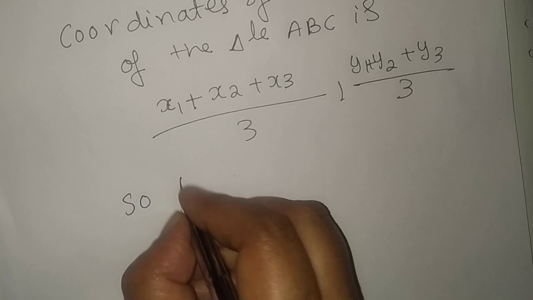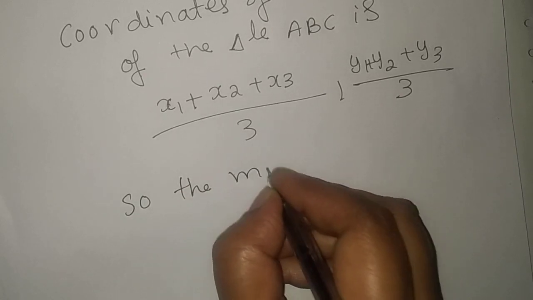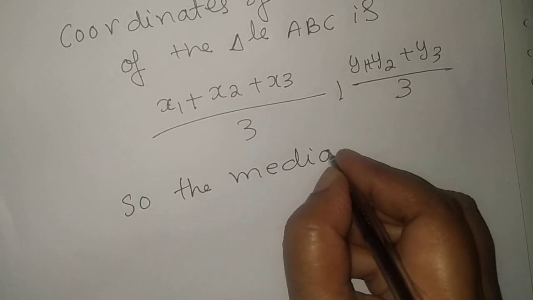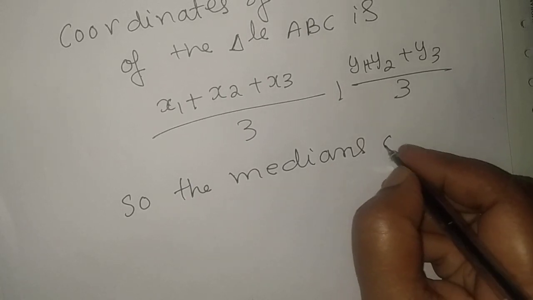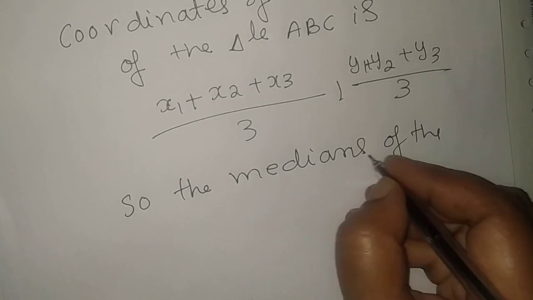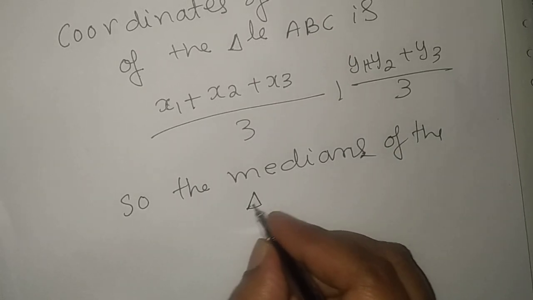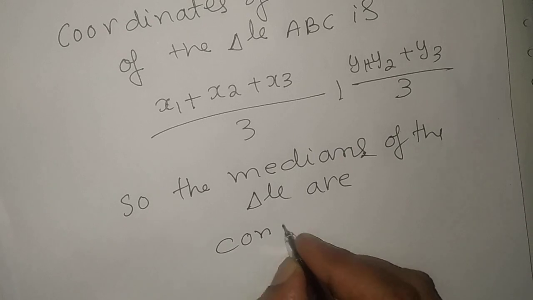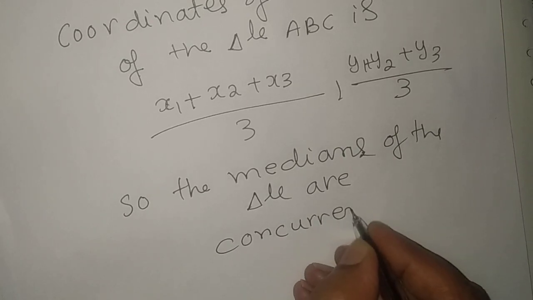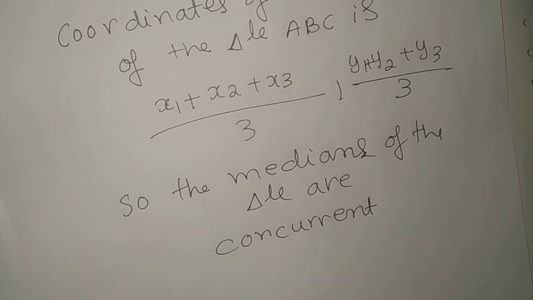So the medians of the triangle are concurrent. This is the solution in every case.